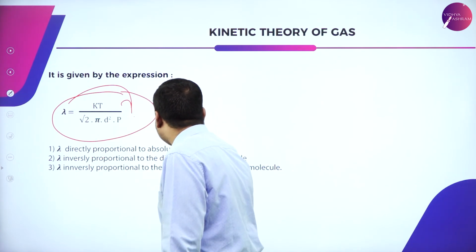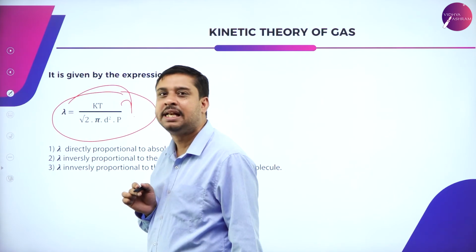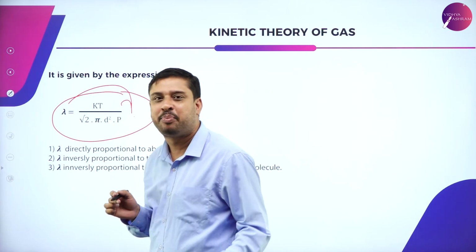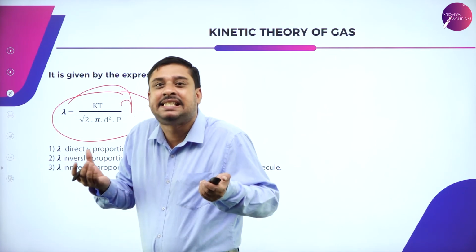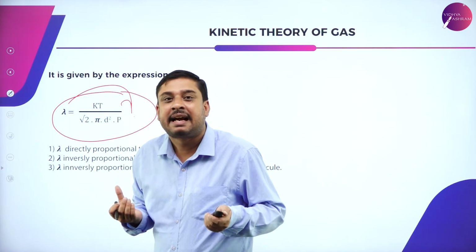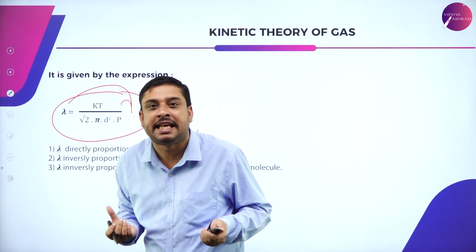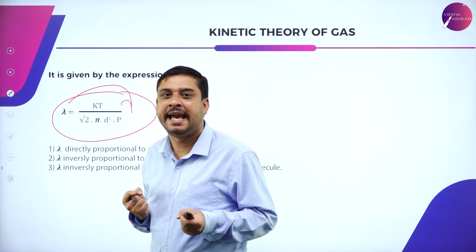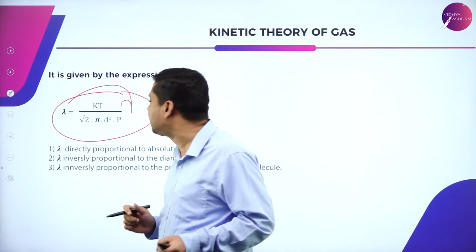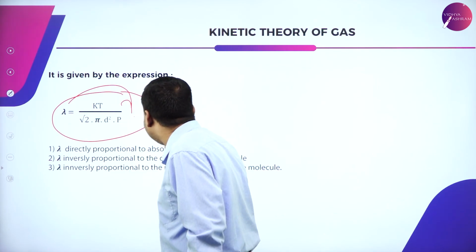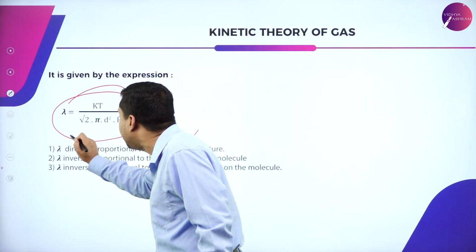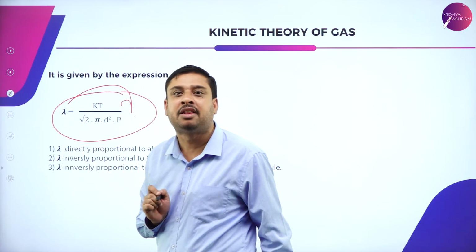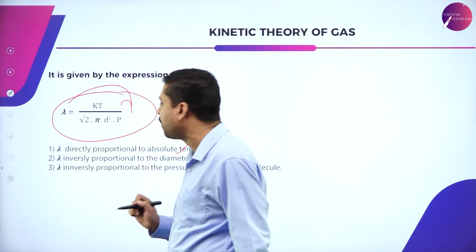Lambda is directly proportional to absolute temperature. Increase the temperature, the kinetic energy of the gas molecules increases. They have more energy. They can travel long distances. So increase the temperature, and the mean free path also increases.